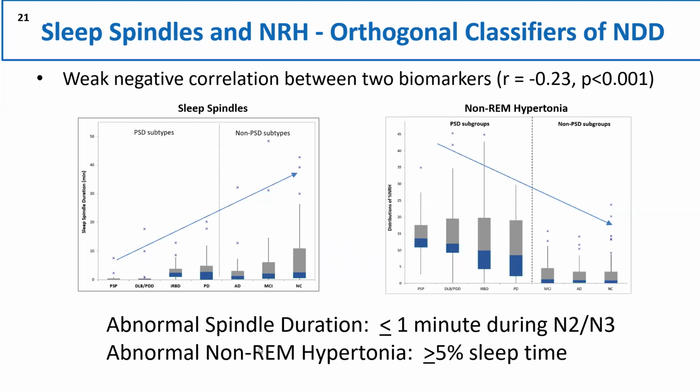In the papers that we published, we established that abnormal spindle duration is less than or equal to 1 minute in total spindle activity during N2 or N3 sleep across the night. For non-REM hypertonia, more than 5% of sleep time is what we consider abnormal.